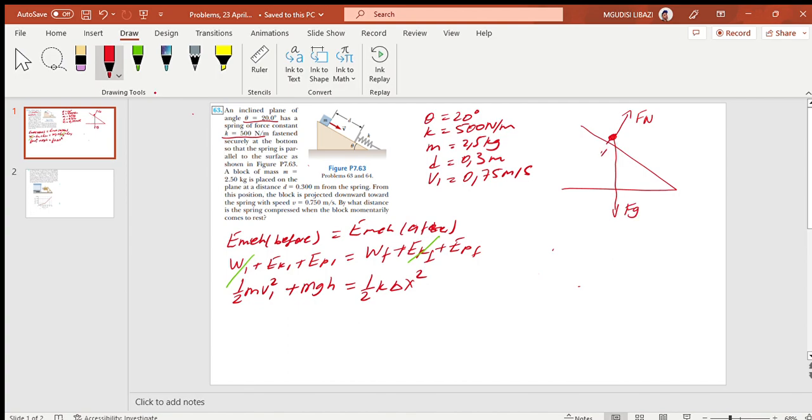Then we have a component perpendicular to the incline, Fg perpendicular, and the Fg parallel. So we have 90 degrees between Fg parallel and Fg perpendicular, and we're given theta, which was equal to 20 degrees, so we have theta here again.